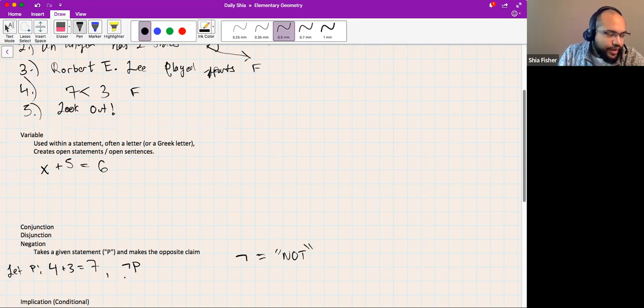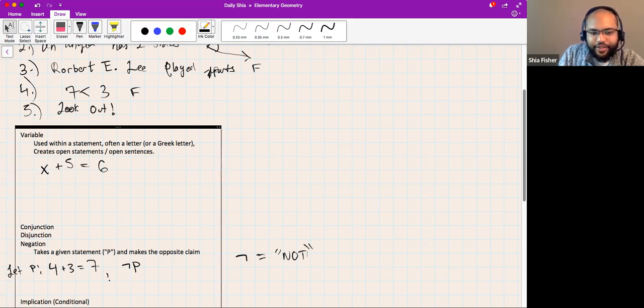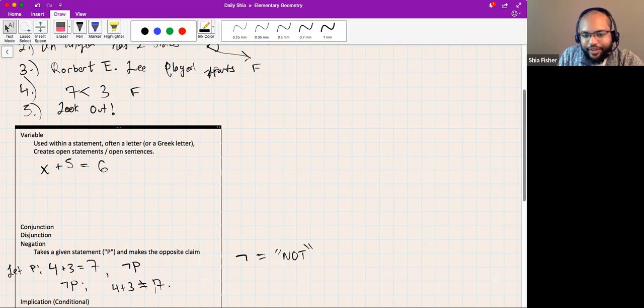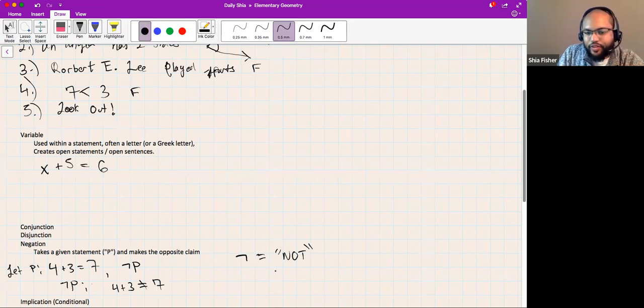And the only way that we can fully negate this is if we make this statement 4 plus 3 is not 7. And that's the negation of P. And just to clarify, this means not equal to. Hopefully you know that by now.